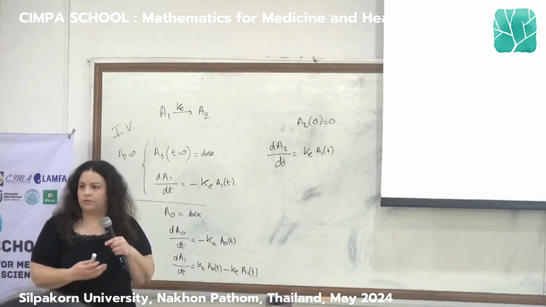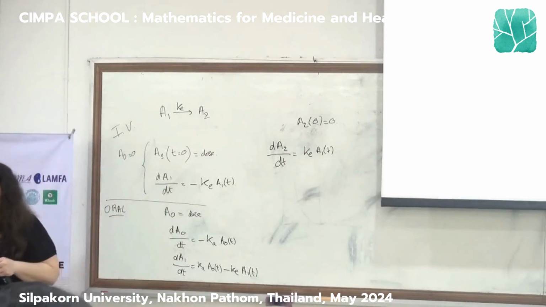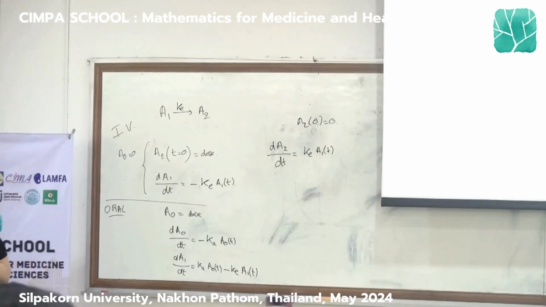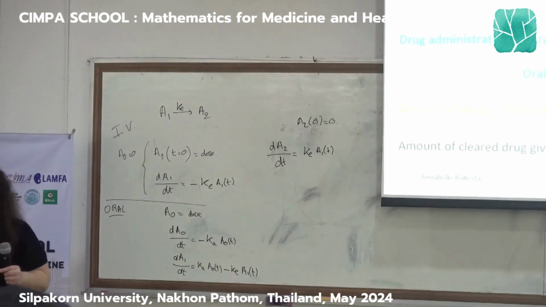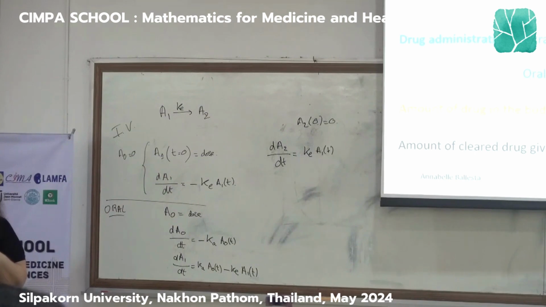Any questions? In the first situation, how does that process work? Do you mean injection? Yes, it's injection directly in the blood. Yeah. And the heart will immediately help distribute the drug throughout the body. But even injection will take some time.